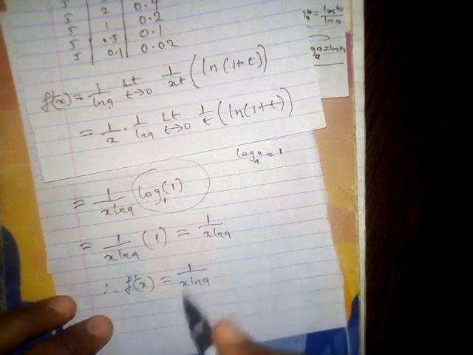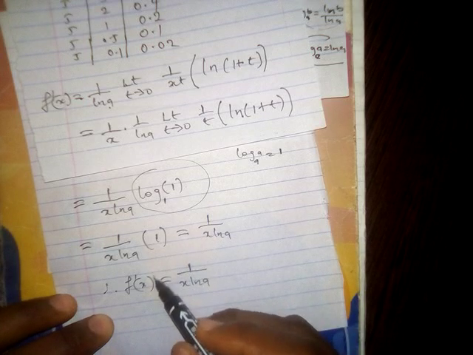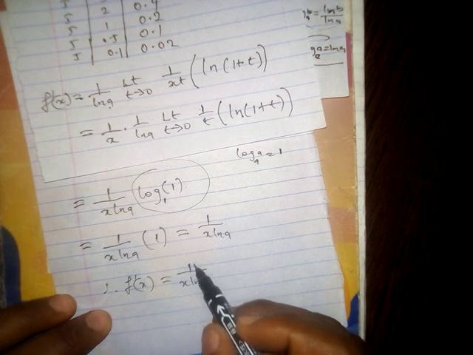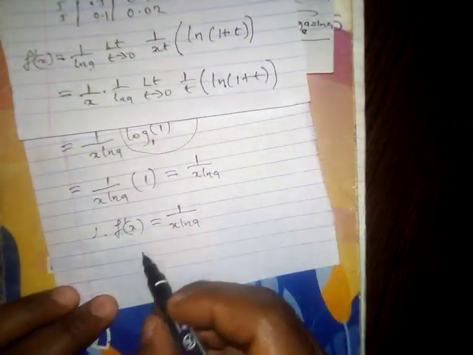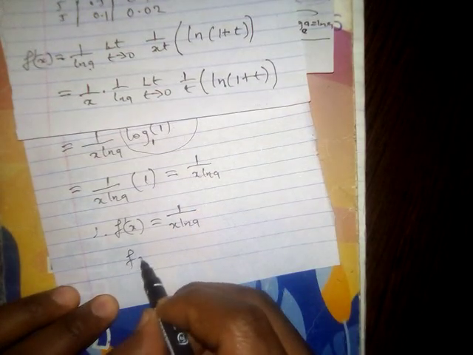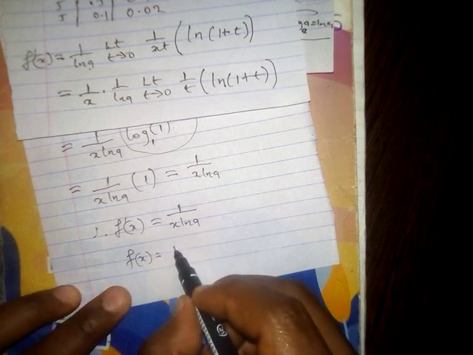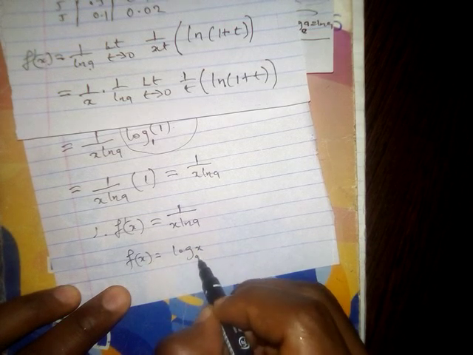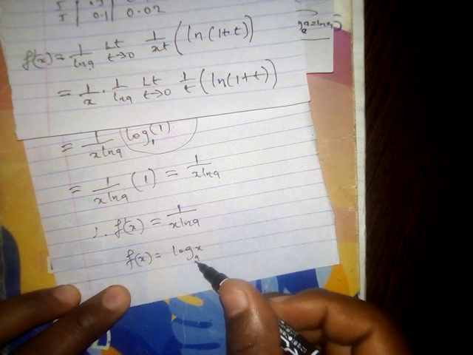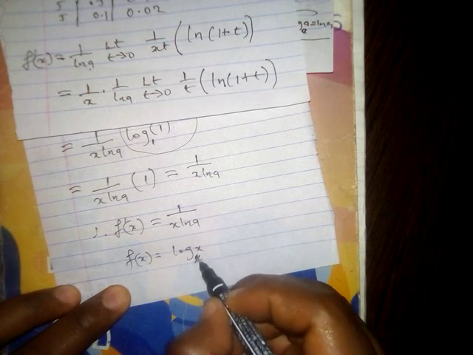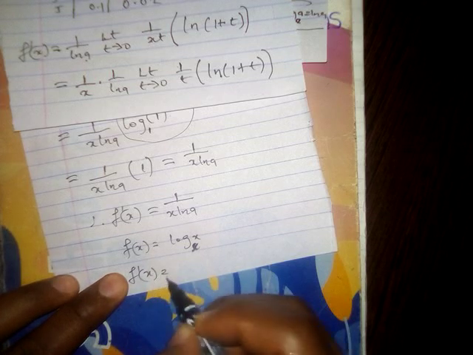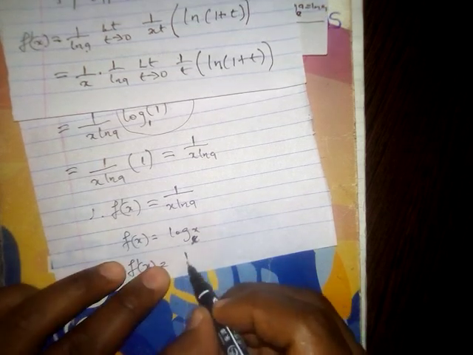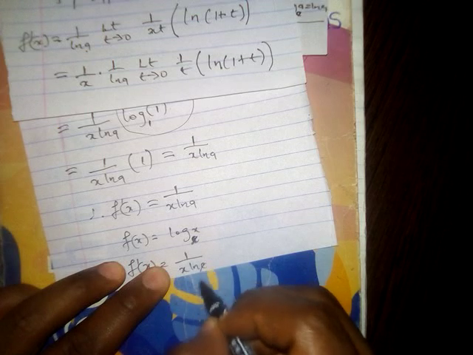In general, whenever we are differentiating a logarithmic function, we are going to have 1 over x ln a. Now, let's say a special case where our f of x is equal to log x with base a. Let's say this a is e. Let's change it to e. Now our f prime of x here will simply be 1 over x ln e.